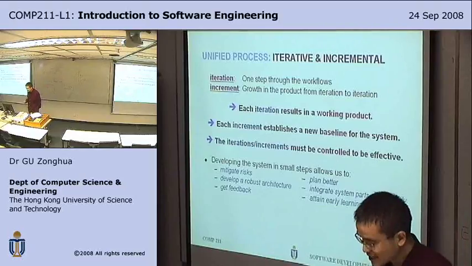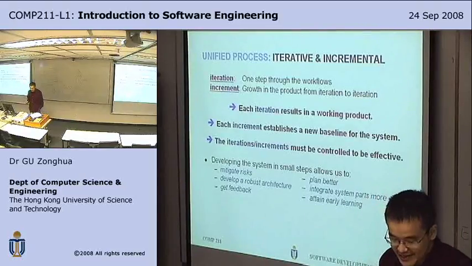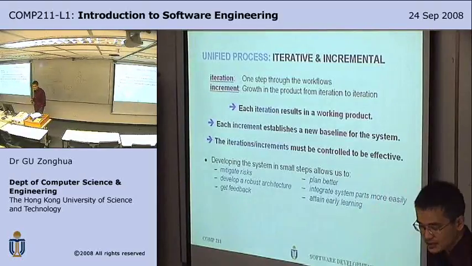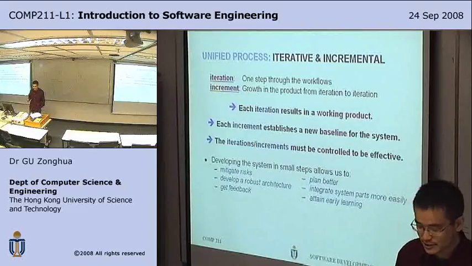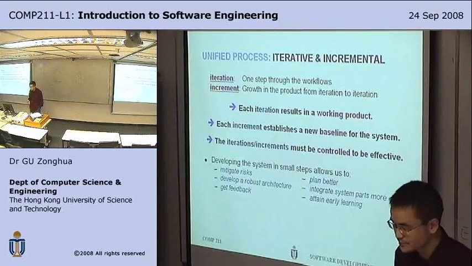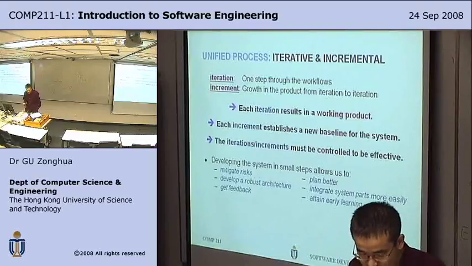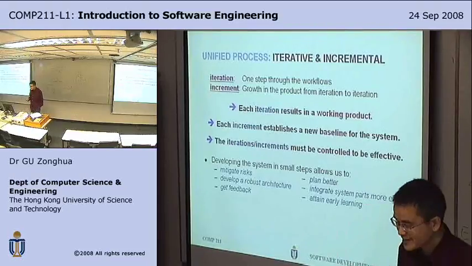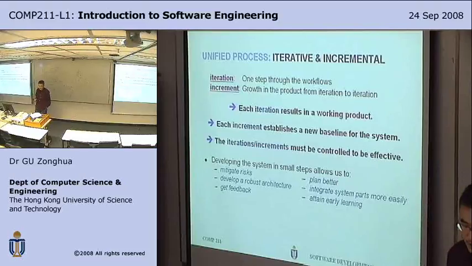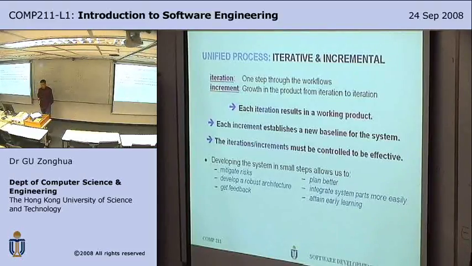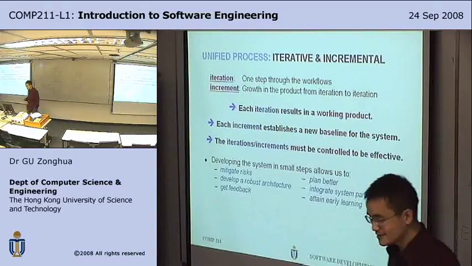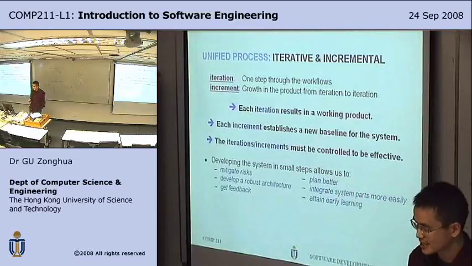That is, we can identify and deal with the biggest risks as early as possible, because you have an early executable system. It also helps develop a robust architecture. That is, the iterations help identify the right architecture. Oftentimes, if you're drawing it on paper, it's hard to design a good architecture. But if you're developing the system incrementally, then it's easier to arrive at a good architecture.